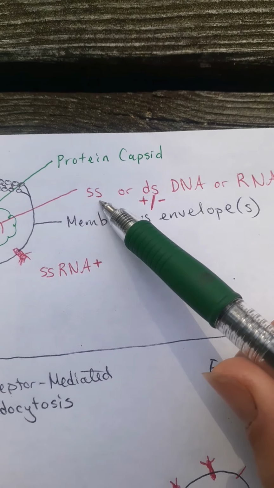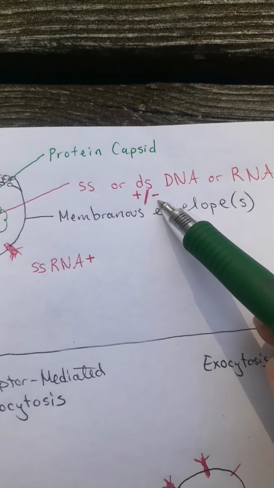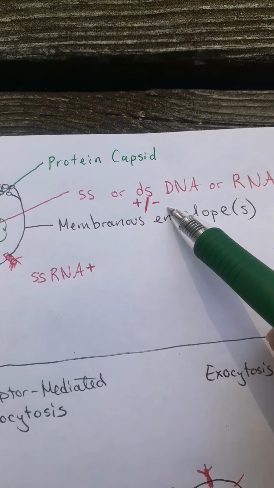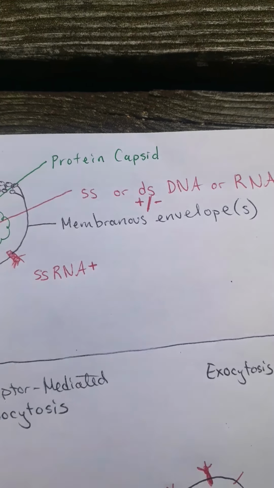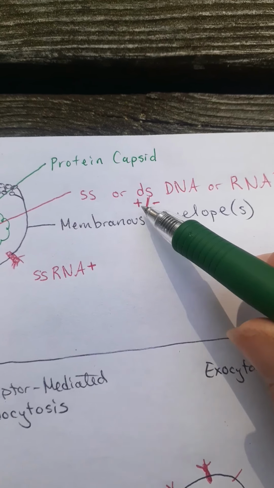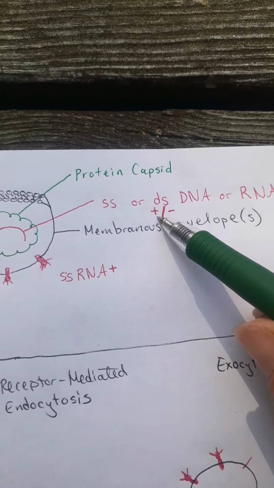Also, the single-stranded, for example, can be either a positive or a negative. So sometimes the viruses actually have to make a copy or have the host cell make a copy to go from negative to the positive that actually codes for its proteins.